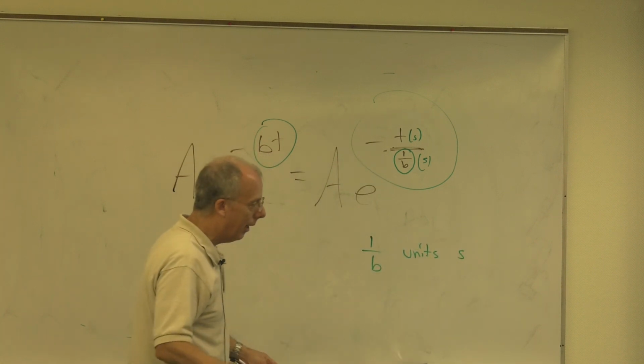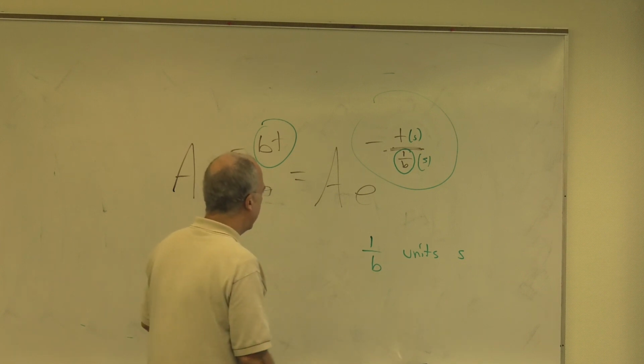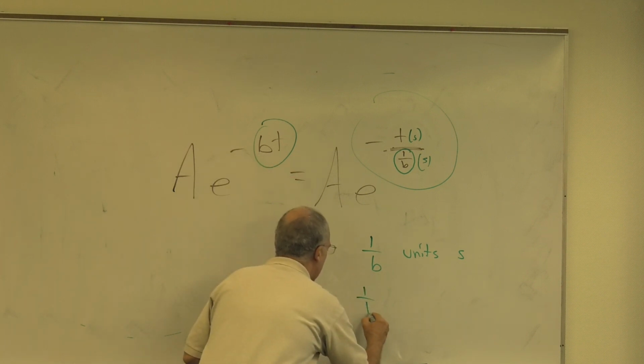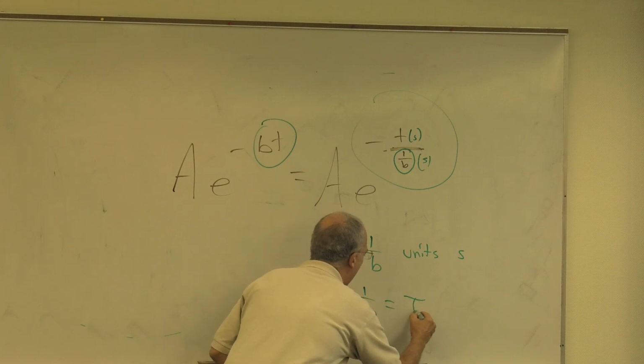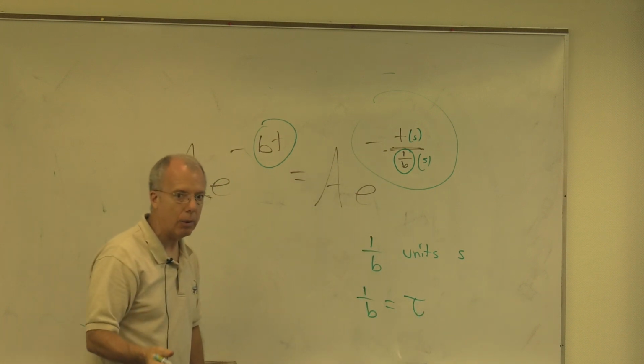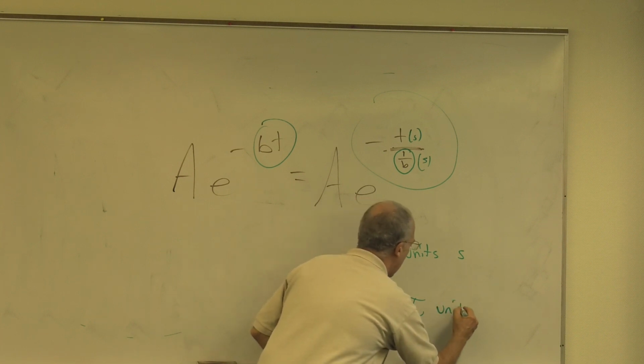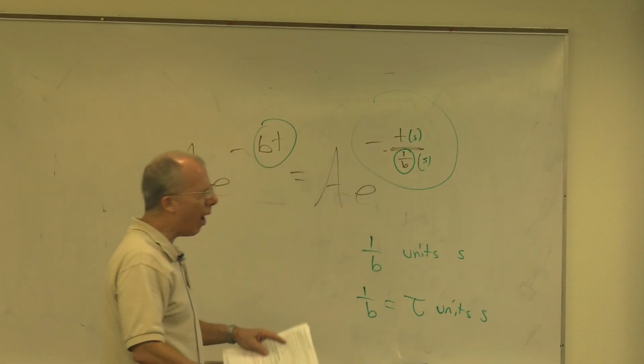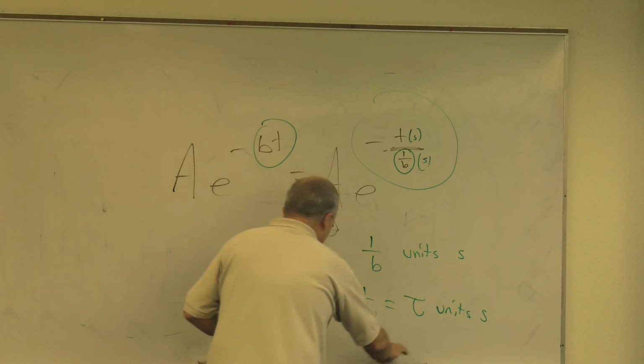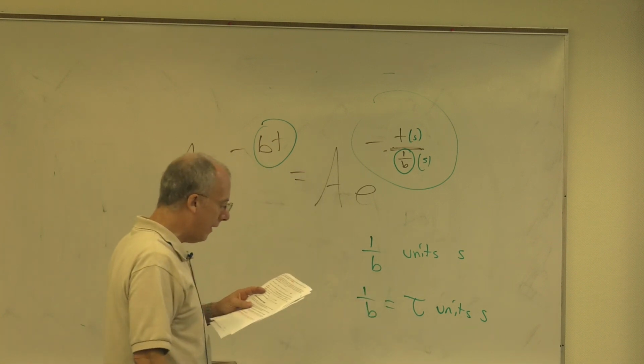So let's make life nice. Let's just say that 1 over b equals something called tau. That's the Greek letter tau. It looks like a T, and it has units of seconds. Why do we do anything? To make life easy.